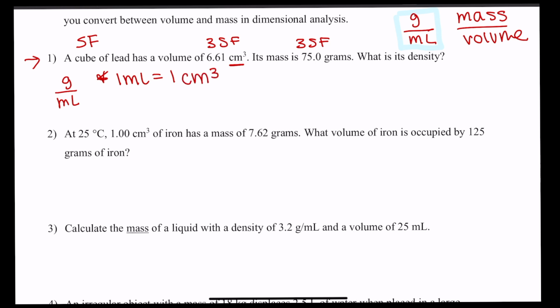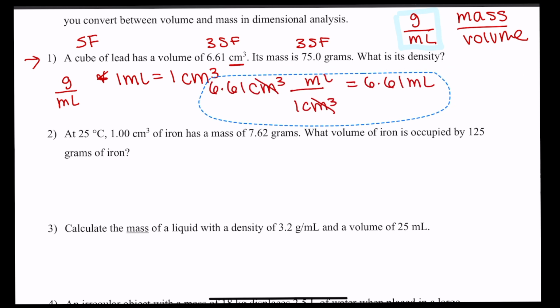So they're basically the same unit. So if I convert this 6.61 centimeters cubed, I put my centimeters cubed on the bottom, my milliliter on top, cancel those out, so I get 6.61 milliliters. Okay, so let me move this over here.